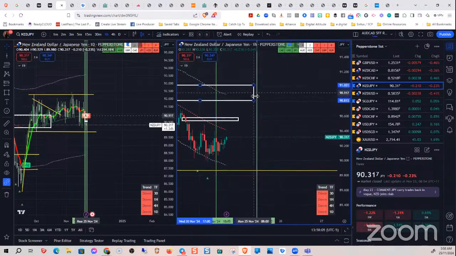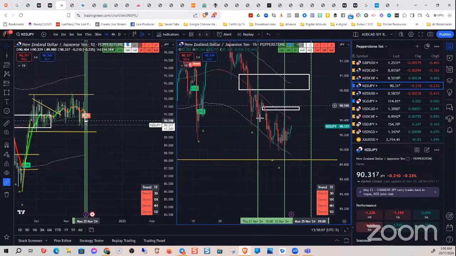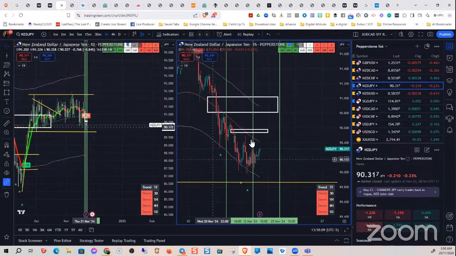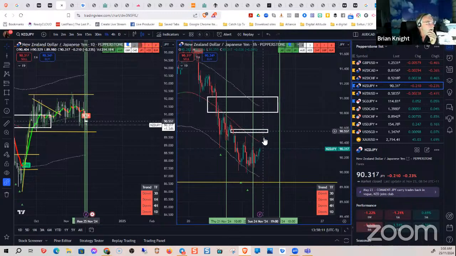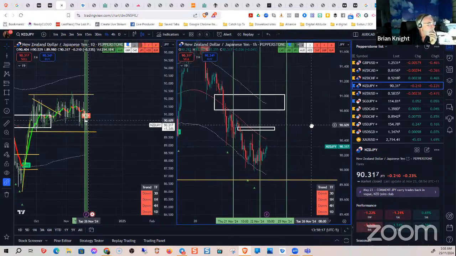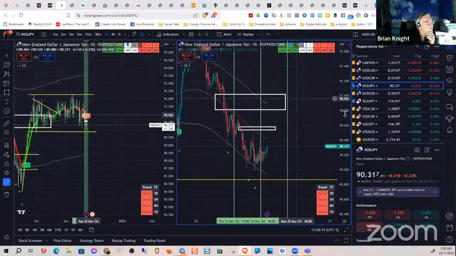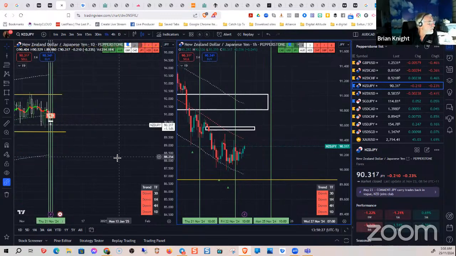Right. So it may come up, fill that, pull back, then fill that, then start going back down. Or not. It doesn't have to, does it? No. Okay. I'll take note of this one. We'll see what happens when the market opens.